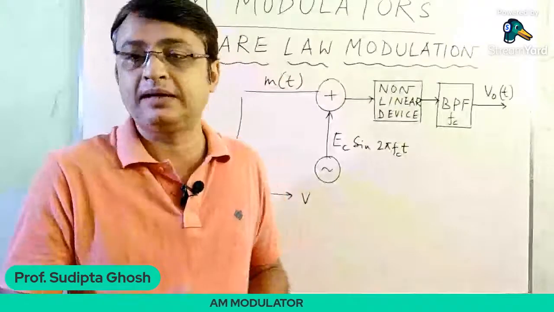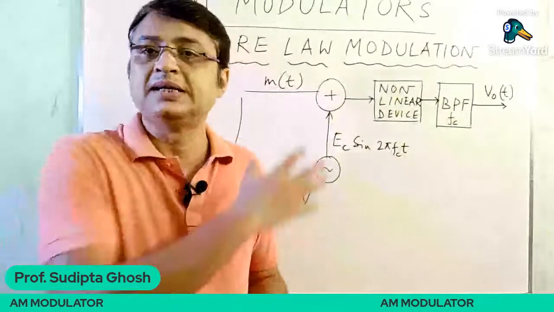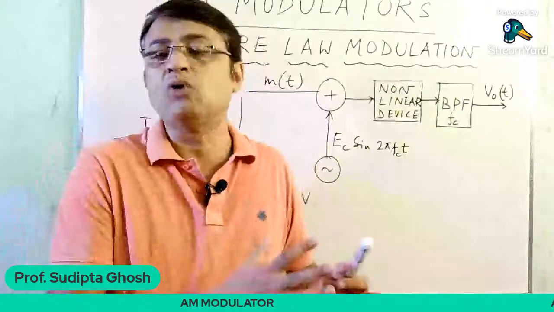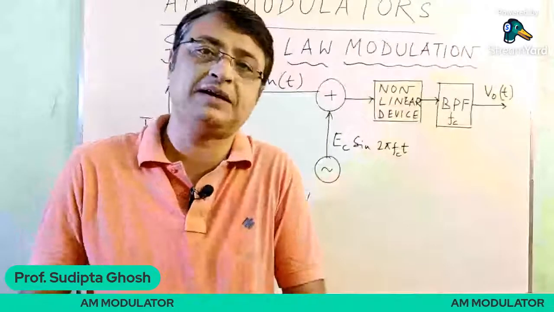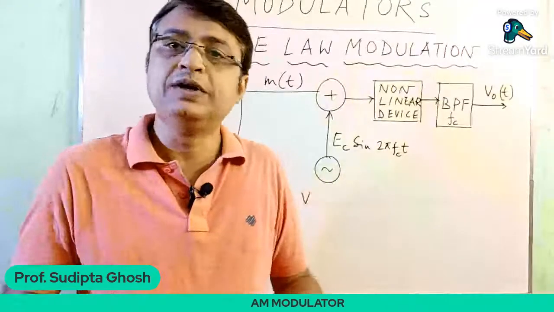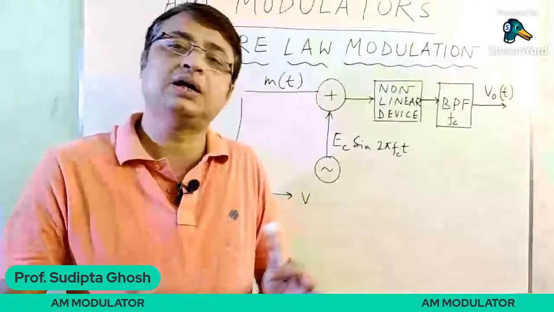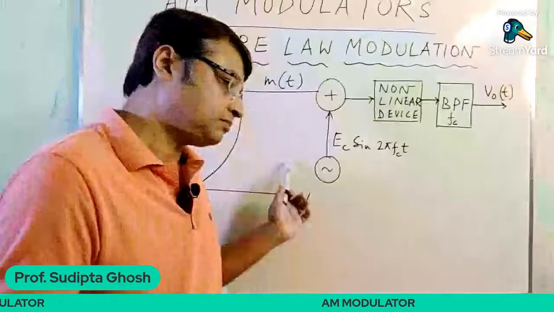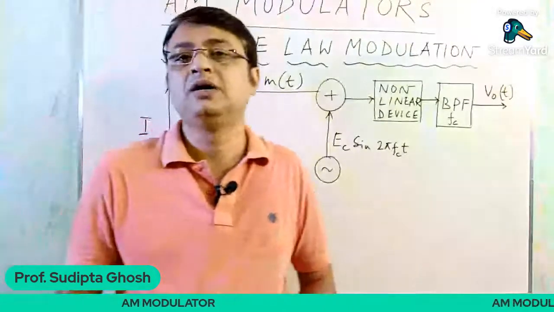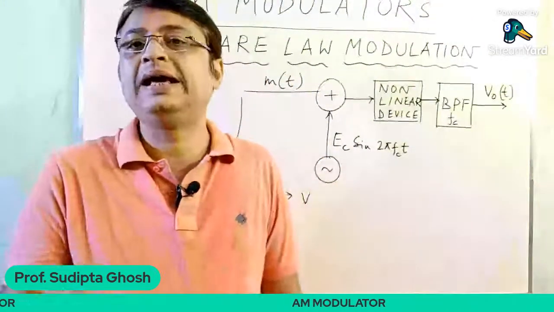Then we use the nonlinear device, which is basically a PN junction diode, and the output of the nonlinear device is fed to the band pass filter, which is centered around the carrier frequency. Thereafter we will get the amplitude modulated wave, or the AM wave.